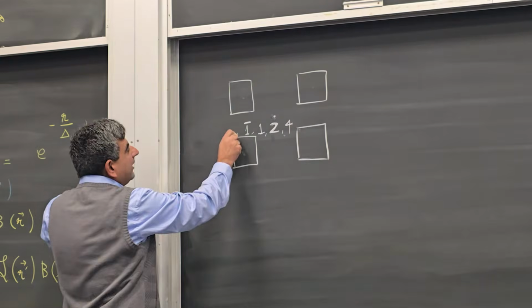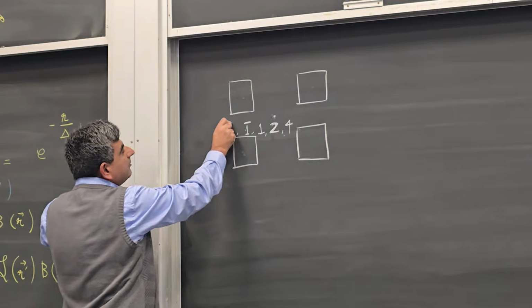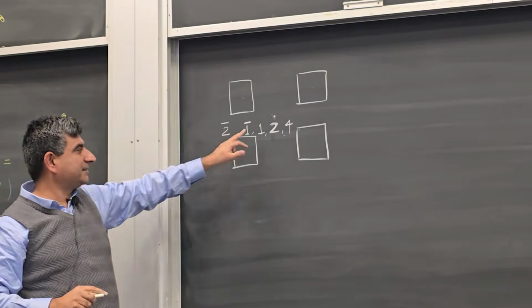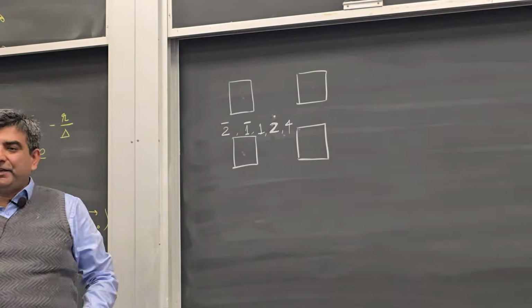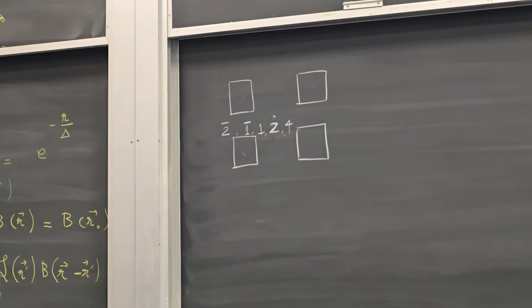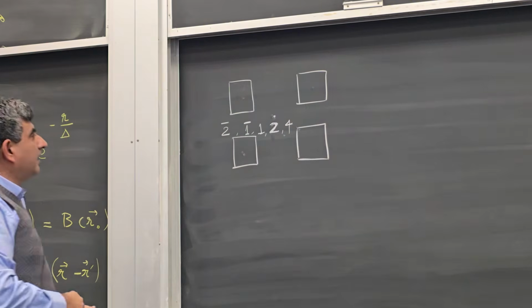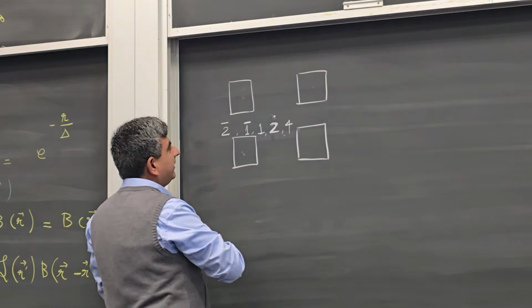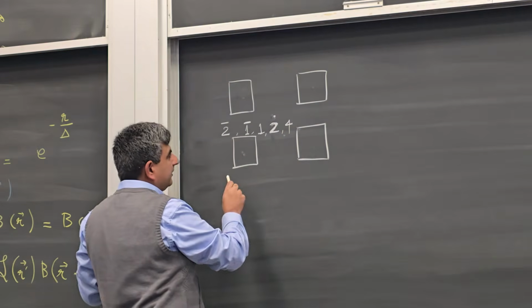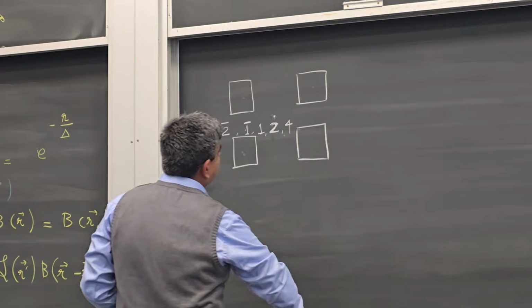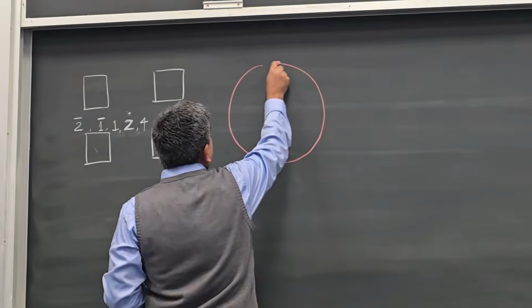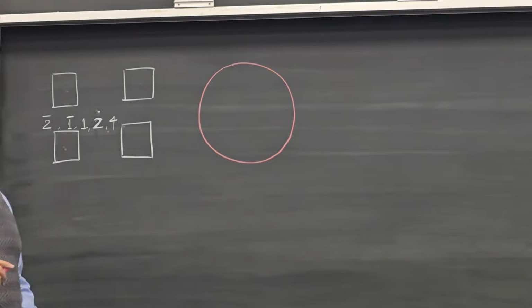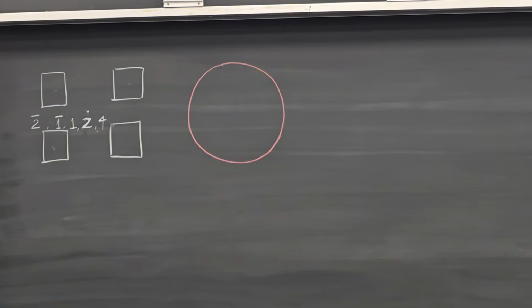So a 2-bar also exists over here. Now, this 2-bar really means a mirror plane. So a mirror plane exists. Let me explain this in another fashion. Let me draw a diagram which is commonly used in crystallography, which is called a stereographic projection.